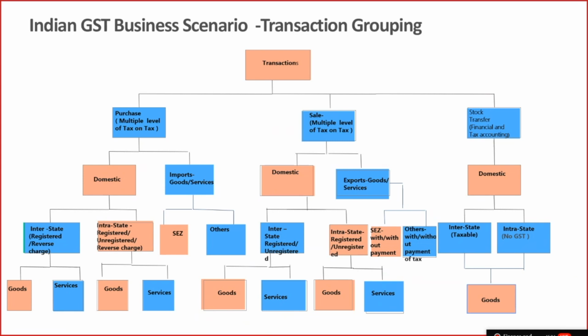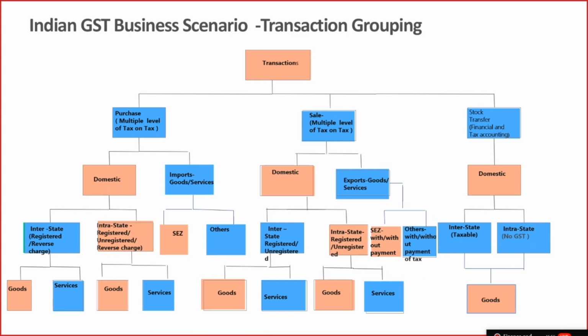Purchase, we have domestic purchases, we have import scenario of purchases, and it will cover both goods and services. Sales, we have domestic sales, and we have an export of goods and services both. And if you see the stock transfer, we have domestic stock transfers.